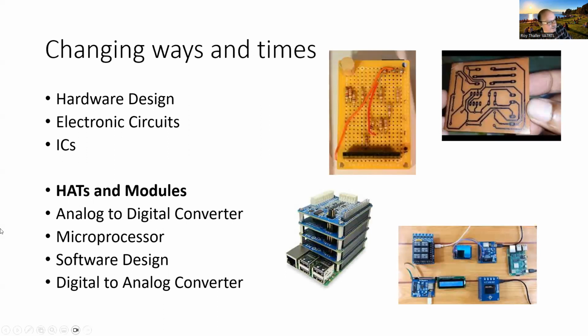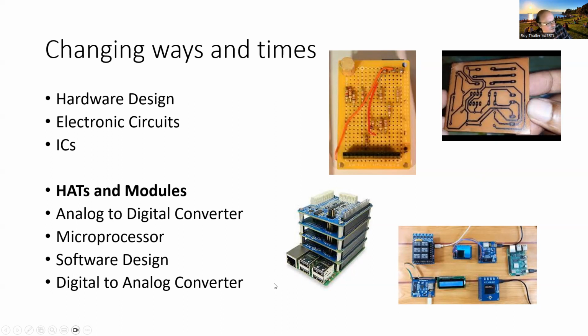And again, things are changing. 10, 15, 20 years ago, we used to do hardware design, and we used to build what is called prototyping. You would have holes here and you would connect things together, try it out, see if it works. If it worked, you would make up a PCB board, drill holes through it, put your components on it, solder them on, and that's your circuit.